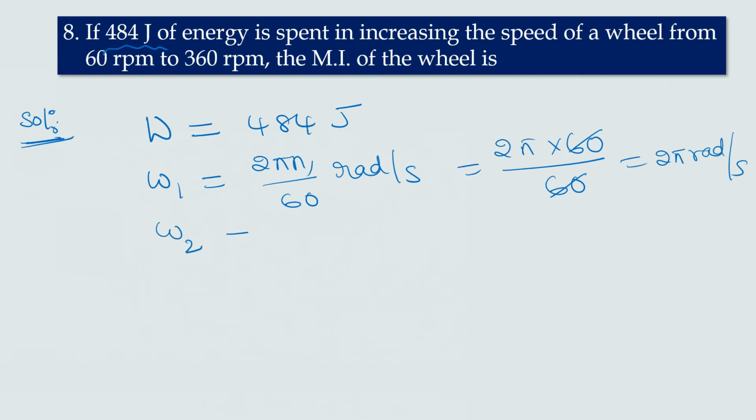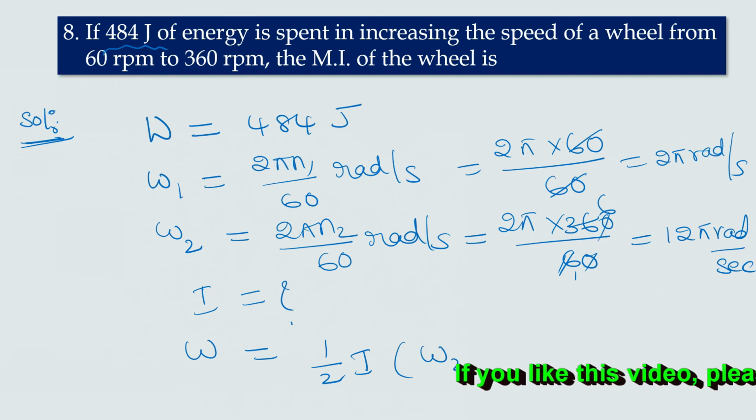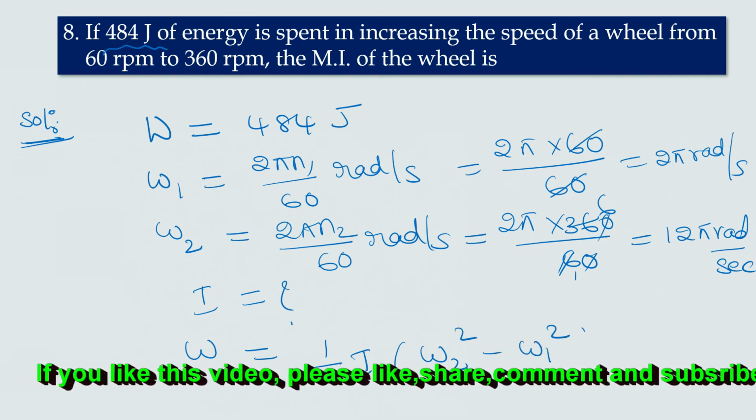Now omega 2 is equal to 2 pi n2 by 60 radians per second, that is 2 pi into 360 by 60. 60 cancels, 6 ones are 6, that is equal to 12 pi radians per second. Now we have to calculate the moment of inertia I. So work done W is equal to half I into omega 2 square minus omega 1 square.